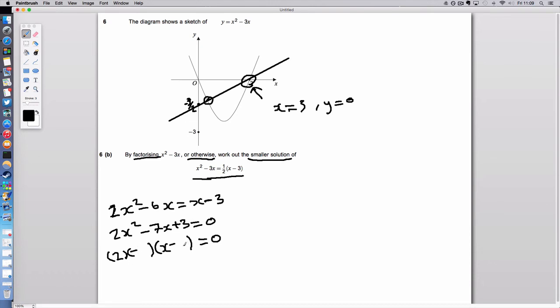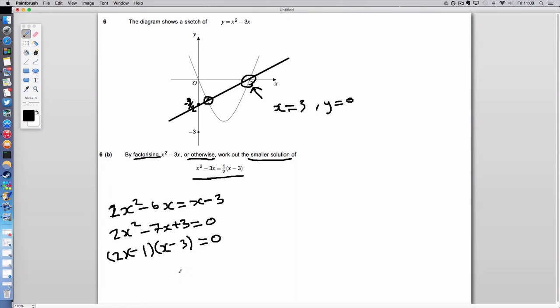We need to make 3, so we can only have 1 and 3, but we need to make minus 7. So we're going to have both as negatives, because negative 1 times negative 3 is 3. When we expand this out, we get 2x squared, good, then minus 6x, then minus x, good, and then 3. Okay, so we've factorised it, and it's all correct.